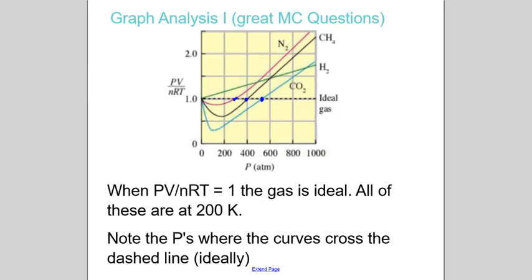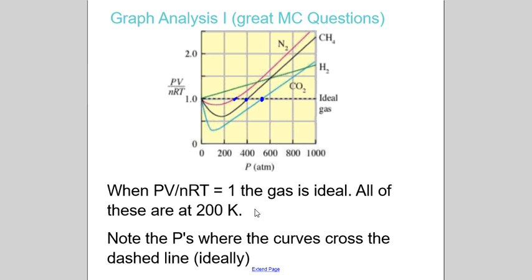Graphical analysis. This is a really good multiple choice question, and I think it pops up every once in a while. So you have this equation here, a modified version of the ideal gas law. Basically, if you take all of the variables and put them on one side, it should equal 1.